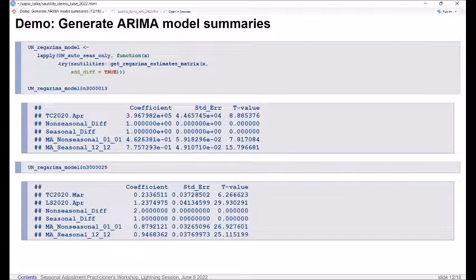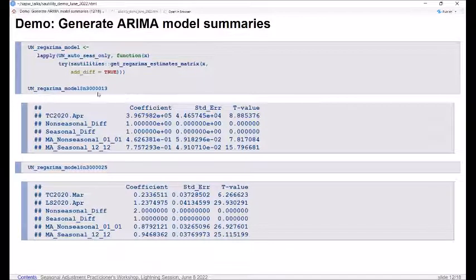And so here again, I take my auto C's only, all the automatic models, and I'm going to use lapply to run the get regARIMA estimates matrix function over and over. This add diff argument essentially says, if it's true, I'm going to add the differencing operators, show the differencing operators.